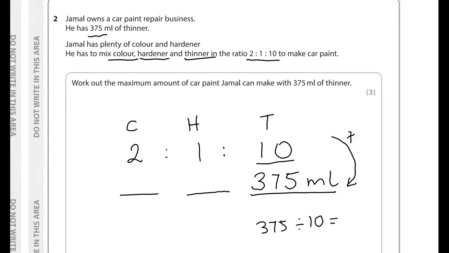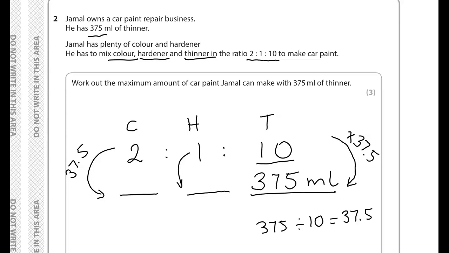And that is equal to 37.5. We're going to multiply these two numbers, the 2 and the 1, by 37.5 to get the amounts of colour and hardener.